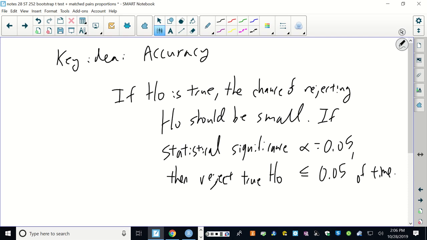The claim by the authors is that the two-sample t-test or the bootstrap t-test ones get closer to that 5% across a number of scenarios where variances are unequal or there's skewness or there's outliers, and it seems to adapt to the particular data set rather than try to follow a theoretical curve. That said, in most cases, there's not a whole lot of difference.